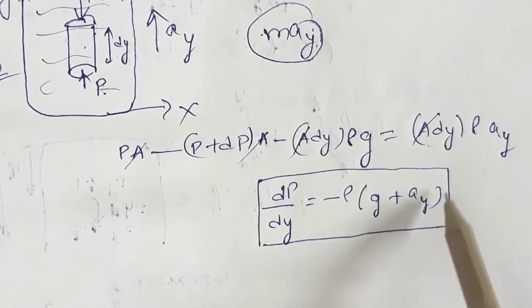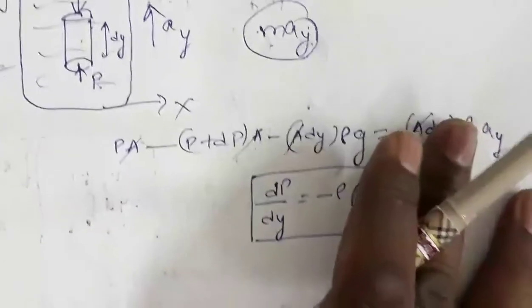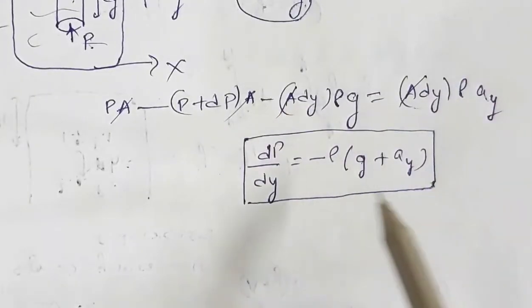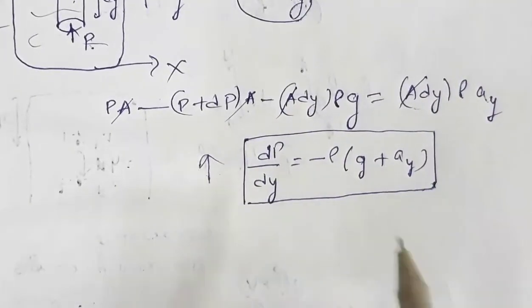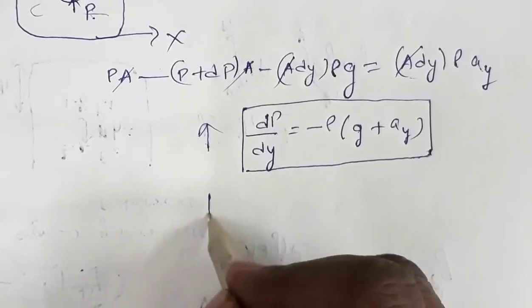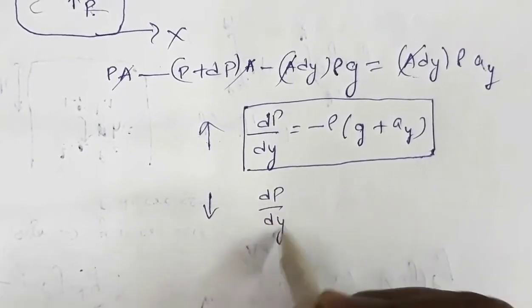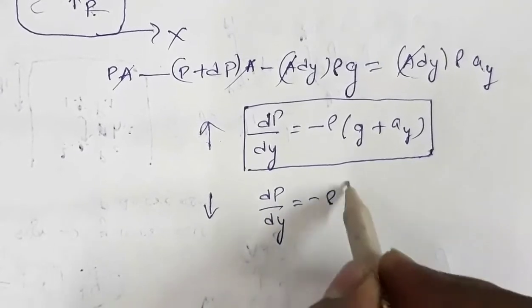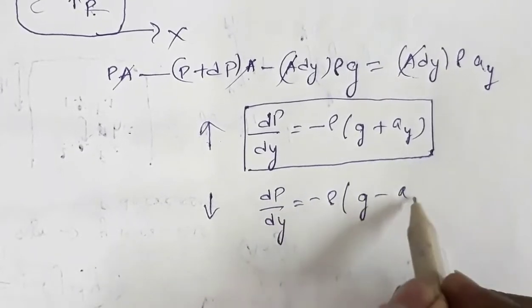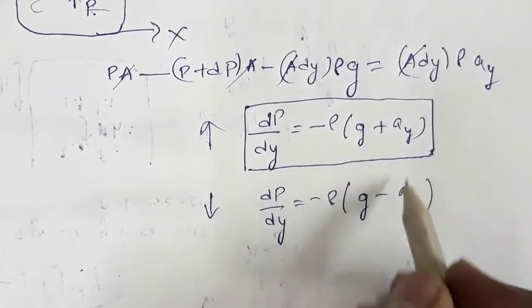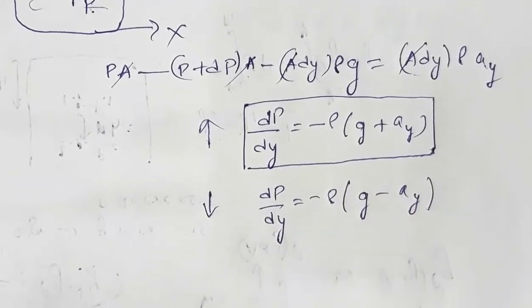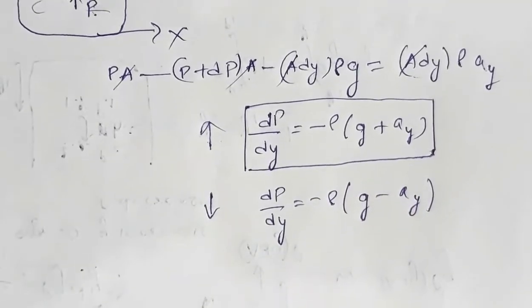Now from this expression you might have guessed that for a system accelerating downward with acceleration ay, it will be dP by dy is equal to minus rho into g minus ay. This plus ay will be replaced by minus ay.